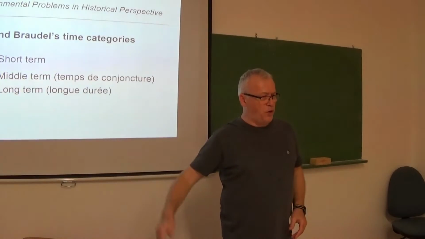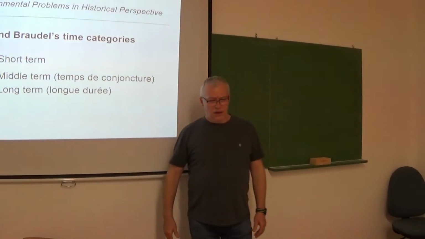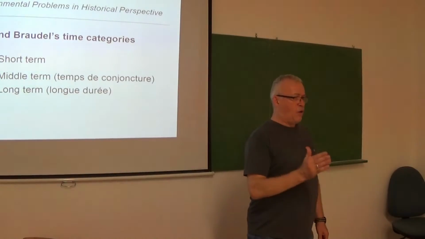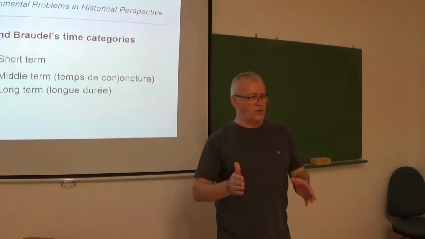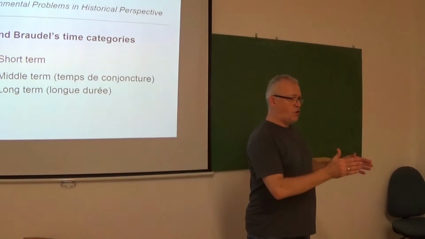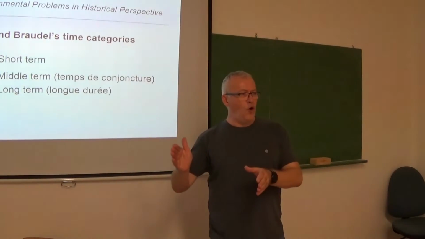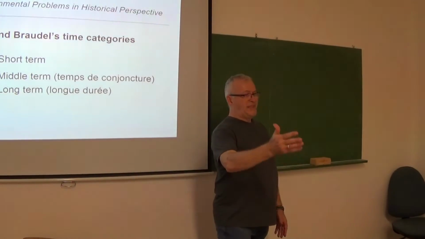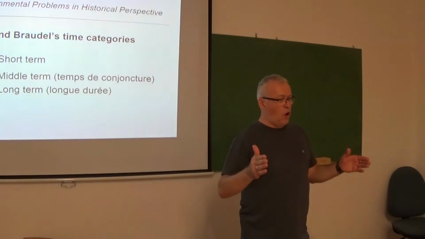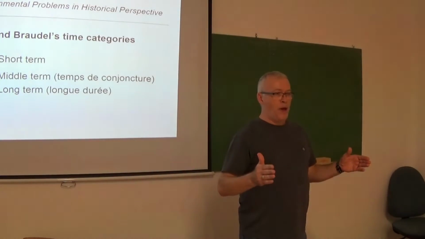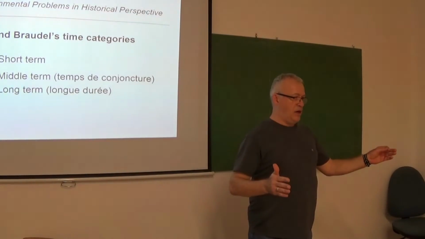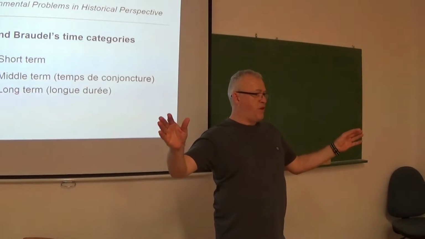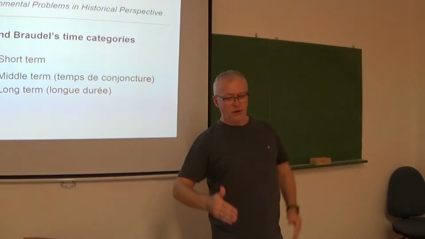Fellenroder, I spoke about his concept in the case of history, divides history according to three time dimensions: short term, middle term, and long term, the longue durée. If, for example, we look at this course, it happens in the short term. Why? Because we start in September and we will close at the end of January. Half a year. It's a short term in the historical concept.